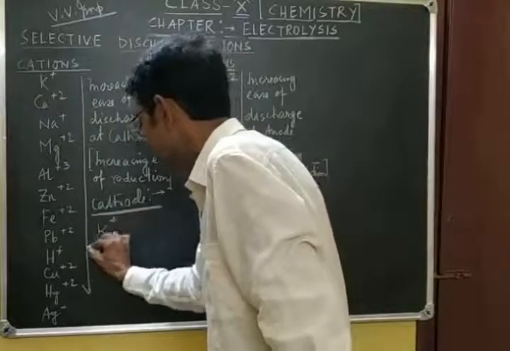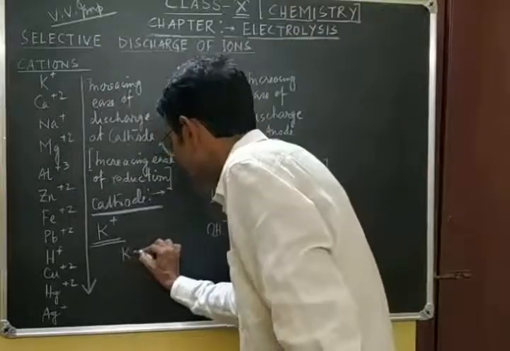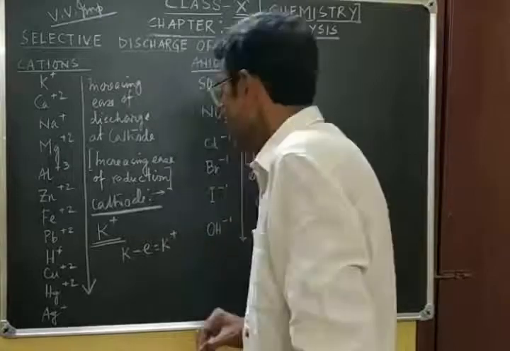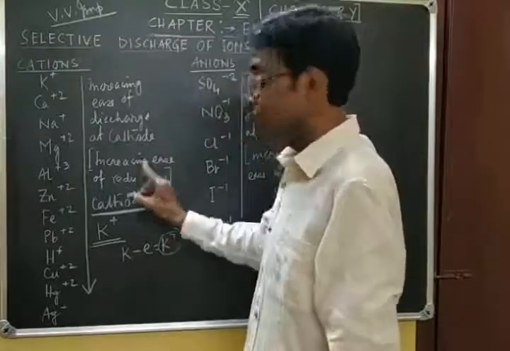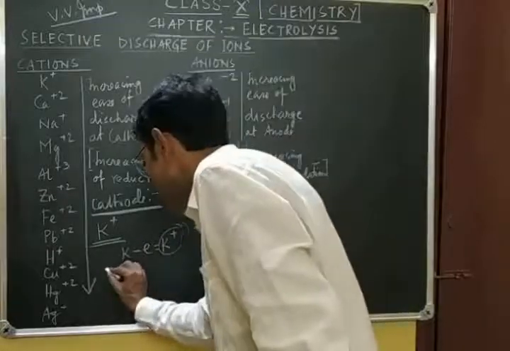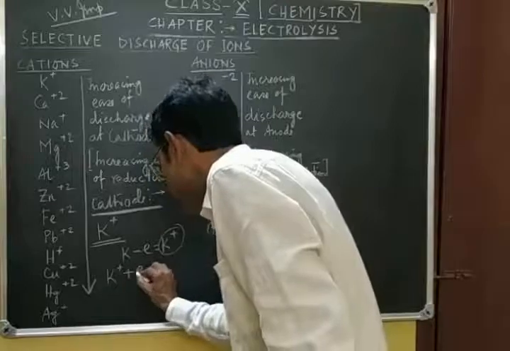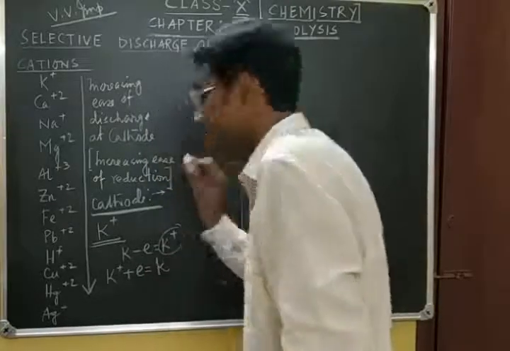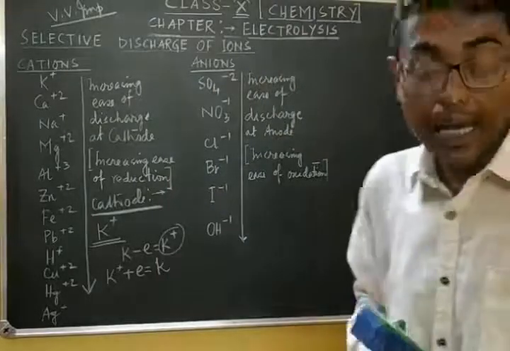Now first of all, see how K plus is formed. Potassium after losing one electron becomes K plus. When this cation goes to the cathode, what it actually does is that this K plus will accept one electron from the cathode to form K, a neutral element.